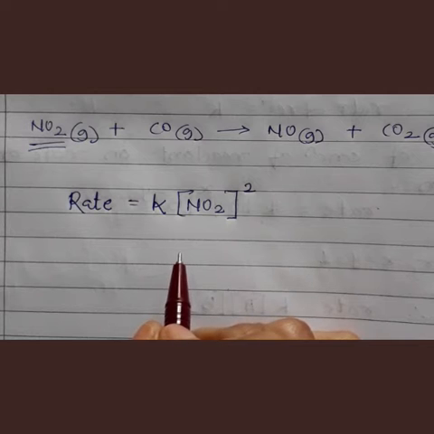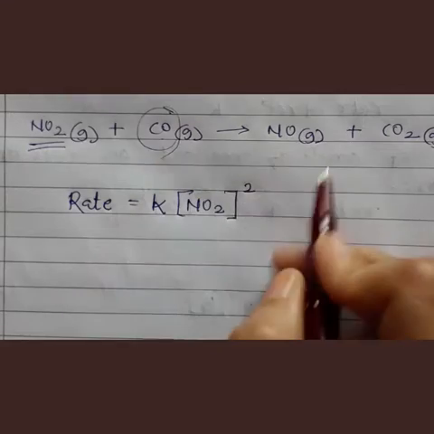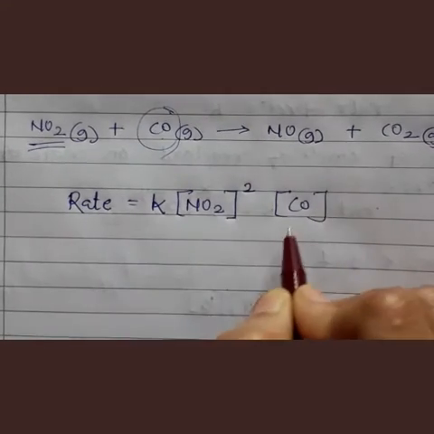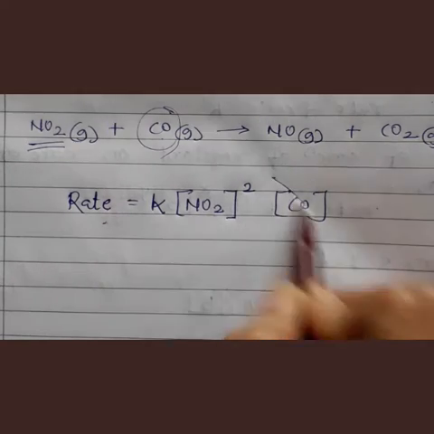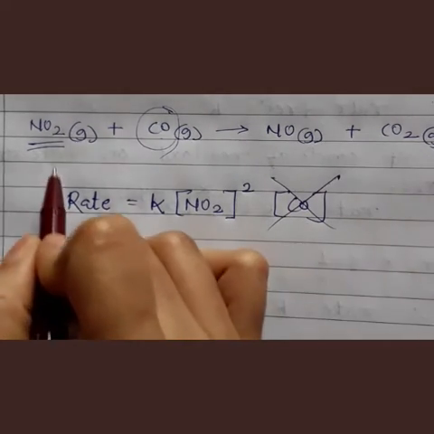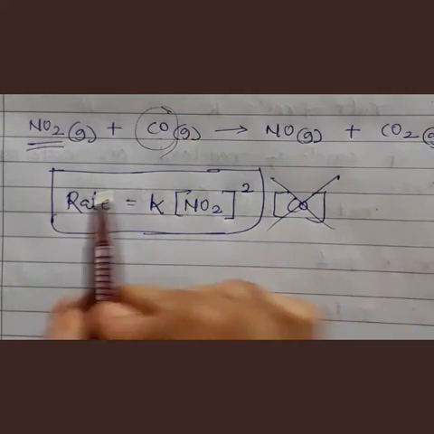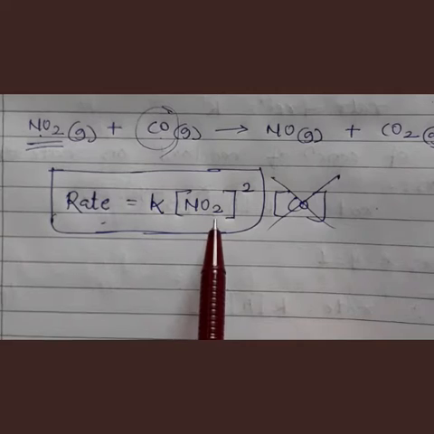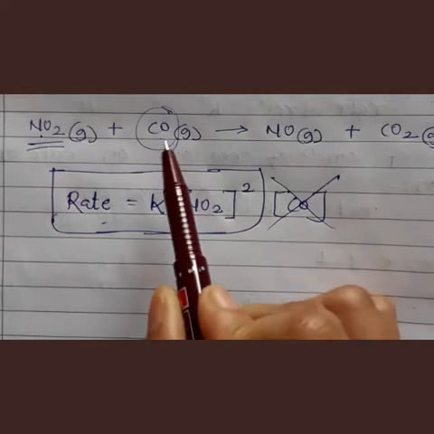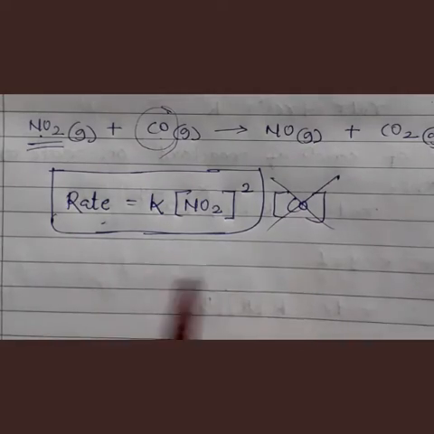And rate of reaction does not depend upon the concentration of CO, so this will not appear. Need not write this. This is the expression for the rate law of this reaction. As they have told, rate of reaction depends upon the square of the concentration of NO2 and it is independent of the concentration of carbon monoxide. In this way we can write the rate.